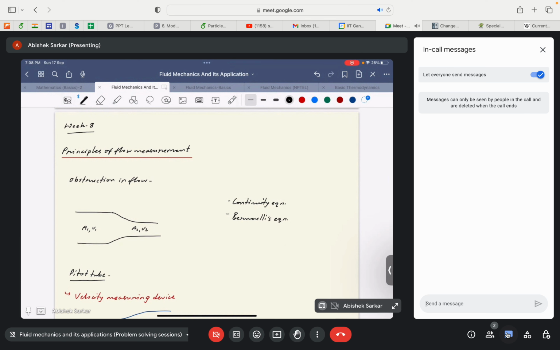And as the name suggests, it's a very application type of topic, where we will not dive deep into the derivation of the governing equations, because we have already done that in our previous sessions, and that's why we have built up our concepts to understand this session.